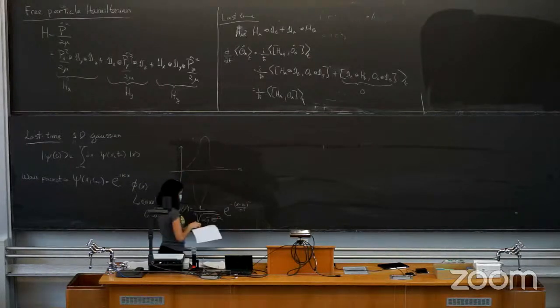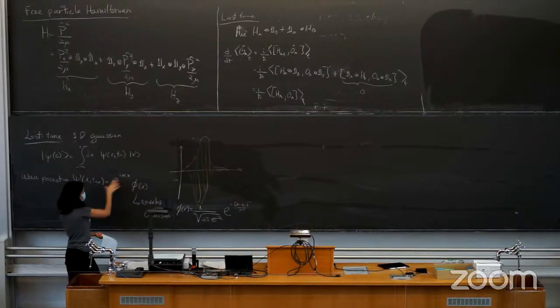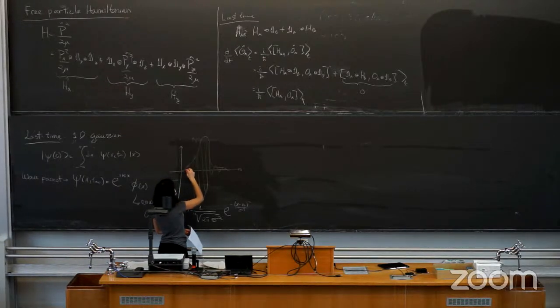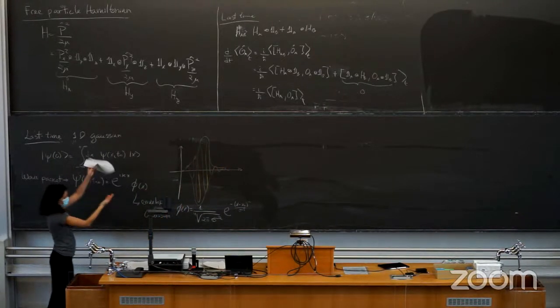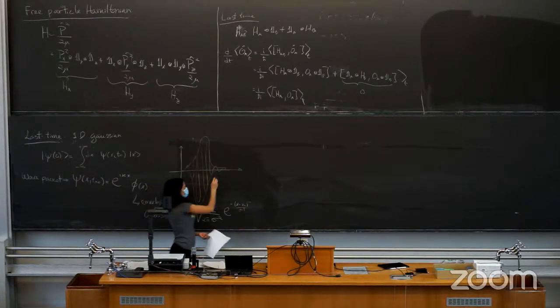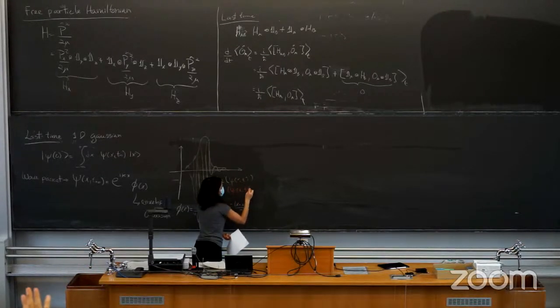So it actually oscillates like this, like the cosine, because the cosine is the real part of that, and this would be the sine. Just imagine that it is a bit out of phase. The sum of the squares gives the whole thing. Good. So this is the real part of the wave function, and this is the imaginary part of the wave function, at t equals 0. Good.